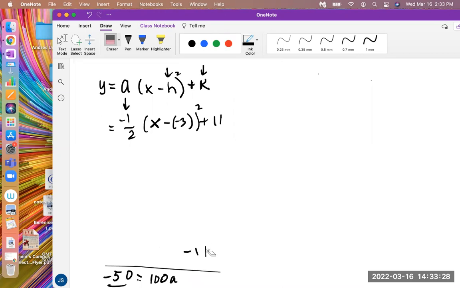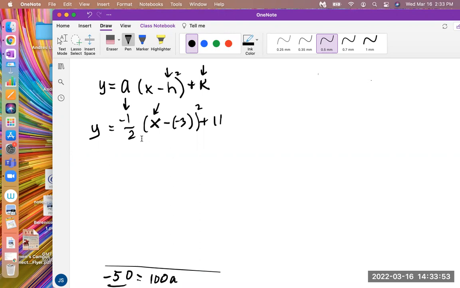And I like to describe that by using the words "in terms of." So this equation, given an x, we subtract negative 3, and then we square it, and then we multiply by negative 1/2, and then we add 11, and we get a particular y value that comes out for every given x value.